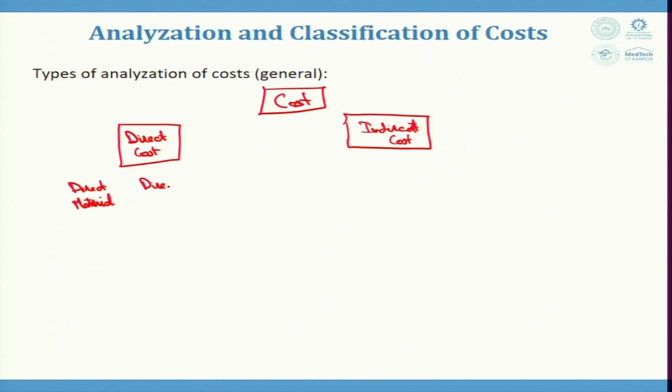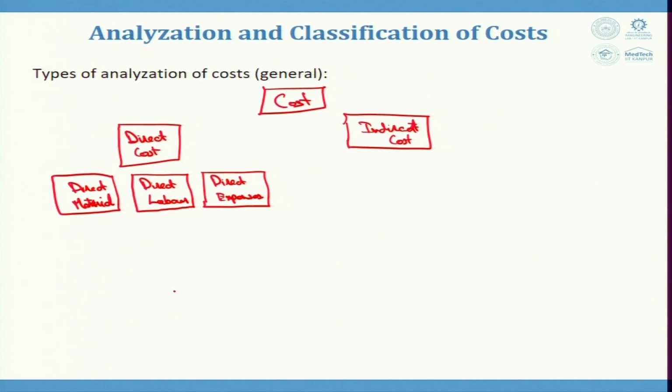Direct labor is the salaries of the staff that is there, and direct expenses. Direct expenses are the expenses which are direct, for example, the equipment expenses, the expenses which are there in the product, that packaging, etc., those are there, right. So, I will put it in this way, direct costs and indirect cost.